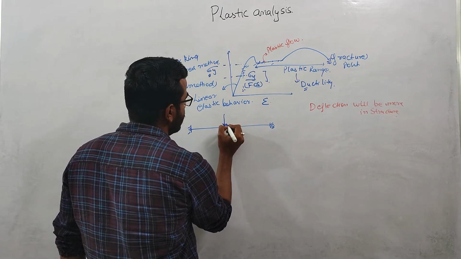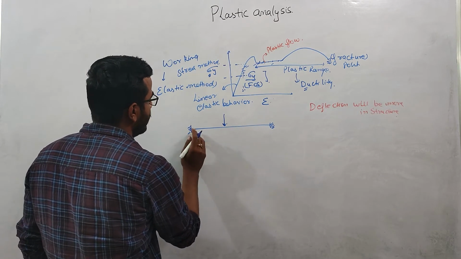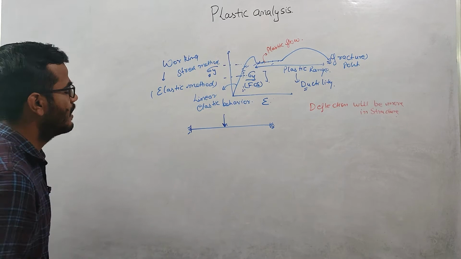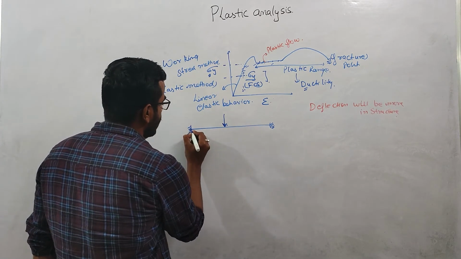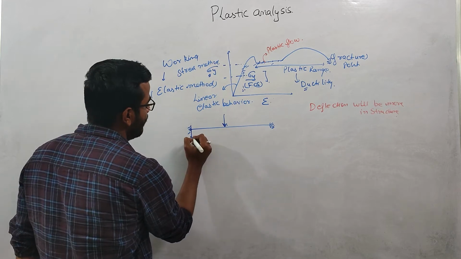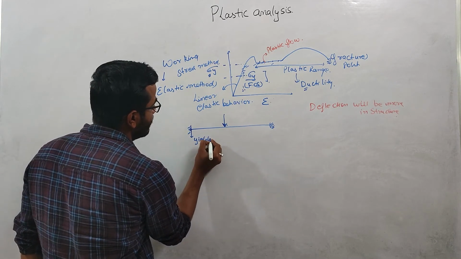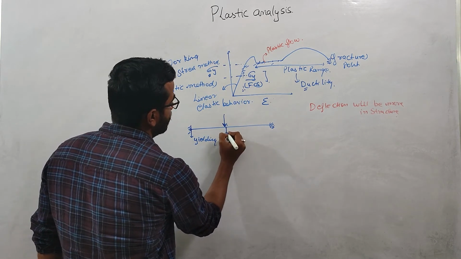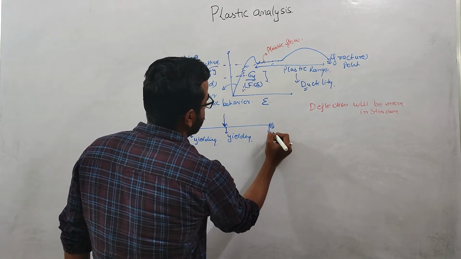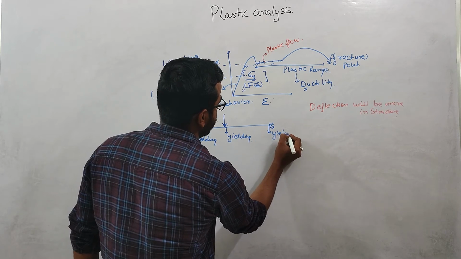When we apply load on this beam, let us suppose the maximum moment is coming at this point. When this beam fails, we observe that there will be some yielding at this point, and under this point there will be some yielding.